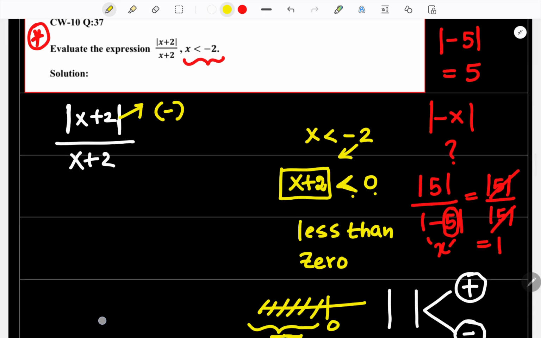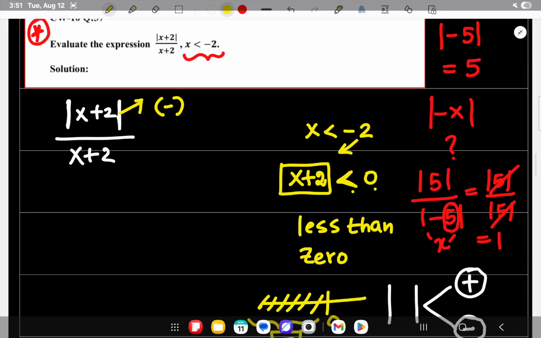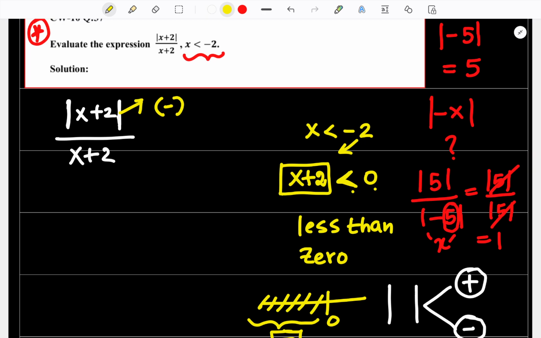Again I'll repeat. Take the given condition x less than minus 2. Take this minus 2 to this side, which becomes plus 2, less than 0, because once 2 comes here it becomes 0. So less than 0 means all minus. So x plus 2 is minus.